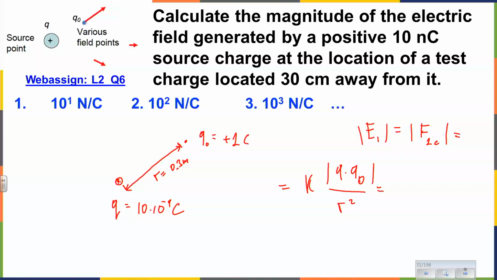We're just applying Coulomb's law directly, straightforwardly. 9 times 10 to the 9th, 10 times 10 to the negative 9, 1, over 0.3 squared.